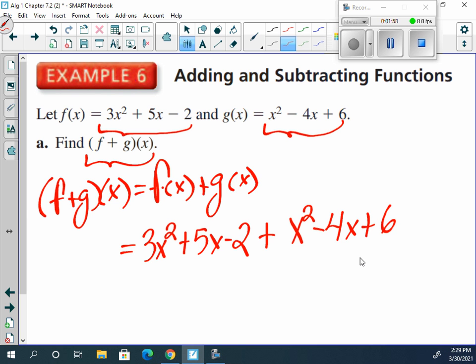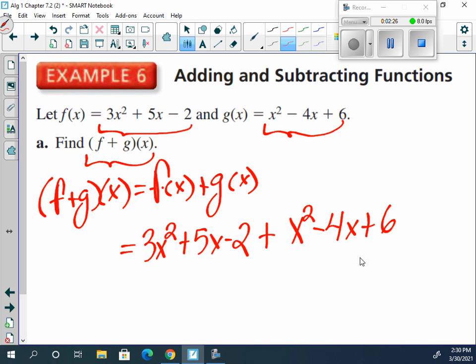So really, saying (f + g)(x) is the same as saying f of x plus g of x. Well, f of x is 3x squared plus 5x minus 2, so we replace f of x with it. G of x is x squared minus 4x plus 6, so we replace g of x with it, because that's what they are equal to.